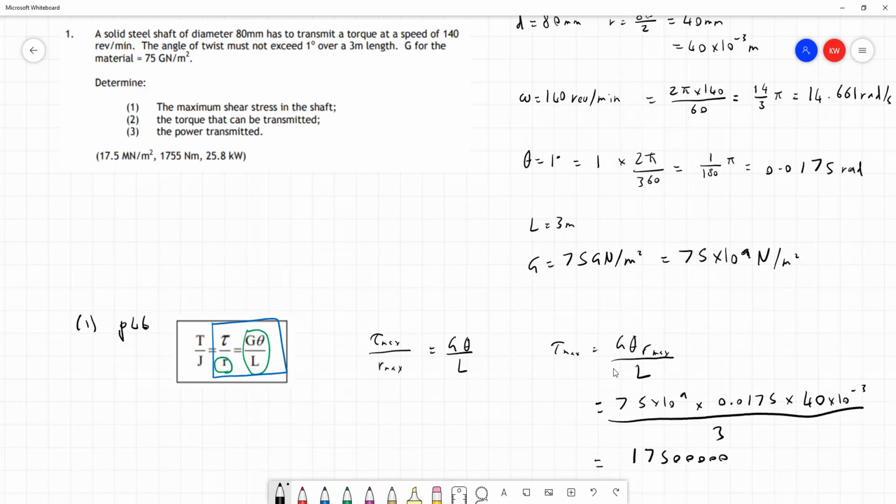17,500,000. And the units, if you weren't sure, for stress is force per area, but you didn't know which ones to use for this, they are given again on the same page we found this formula, and they're in newtons per meter squared, because they're the units for force and distance we're working with.